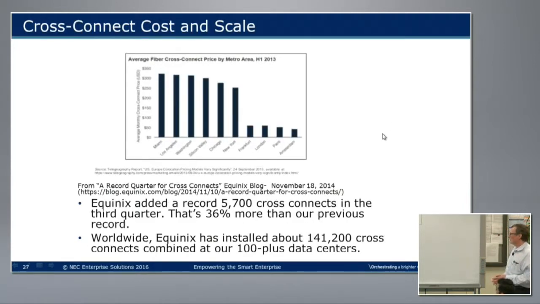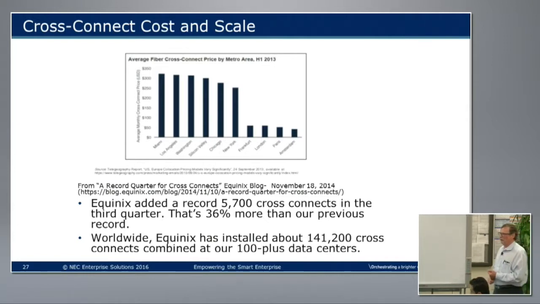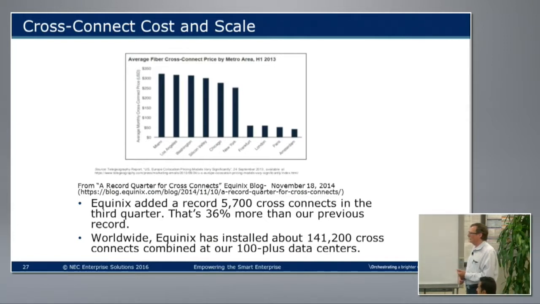Now, this slide wants to show the type of business that CrossConnect is. The data below is from a white paper that was generated by Equinix. There are two things that we want to note in this slide. First of all, the price that tenants pay for CrossConnects is several hundreds of dollars per month.